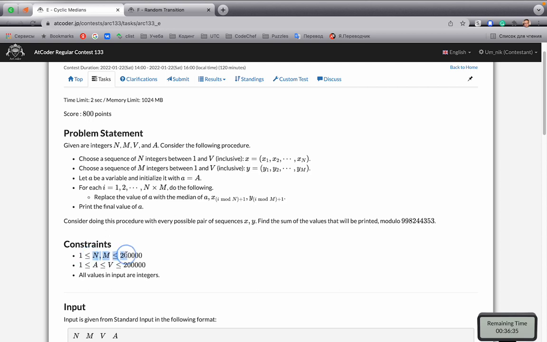N and M are not very big. We can try to iterate something. We are interested in the last time when two elements are equal.